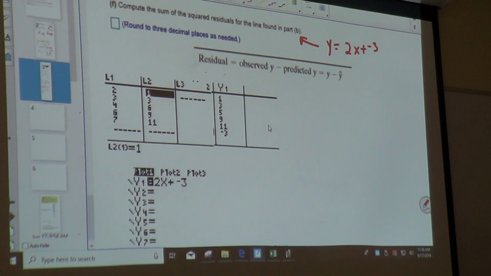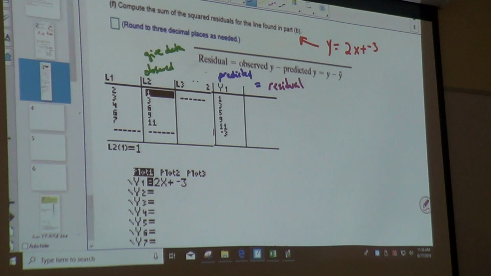So this is my observed. That's my given data. This is my predicted. So to get my residual, what do I need to do to those two numbers? I need to subtract them. And that one wasn't supposed to be in there.